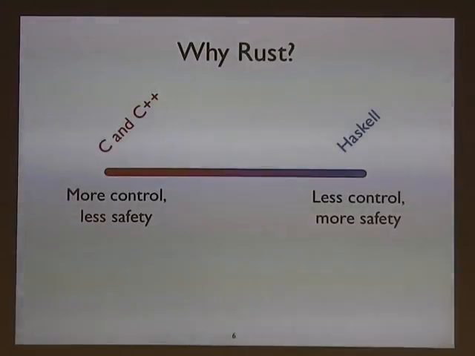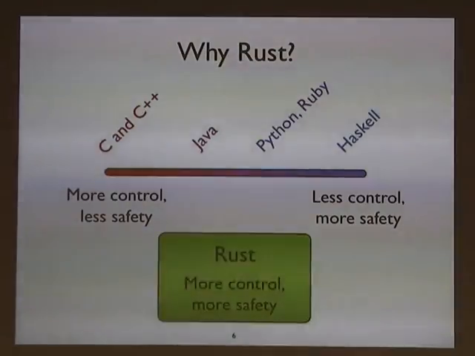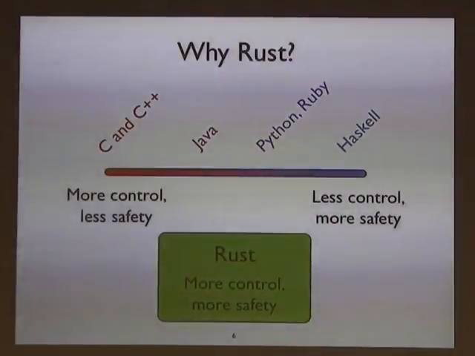The compiler will do a lot of fancy tricks, and the runtime does a lot of fancy tricks to make it run fast. But if you, as the programmer, want to get control, it's a much more complicated process. And in between, I think most other languages fall somewhere along this line. So you have something like Java, where you have a lot more control than Haskell, but you still have this runtime in the background and so on. The idea of Rust is to say, can we just step off this line altogether?